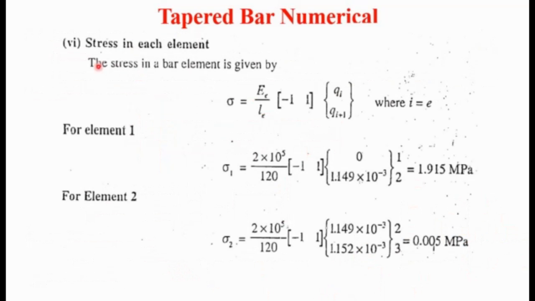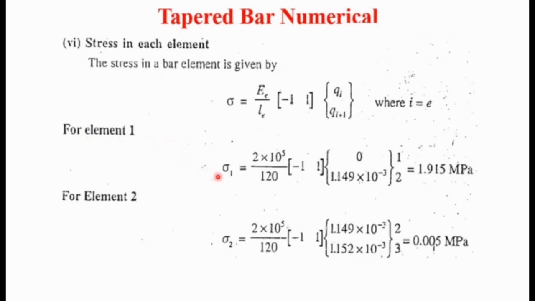Then next, stresses in each element. The stress in the bar element is given by this equation: sigma is equal to capital E divided by LE, the length of the element, into minus 1 1 matrix into Qi and Qi plus 1, where i means the element number.